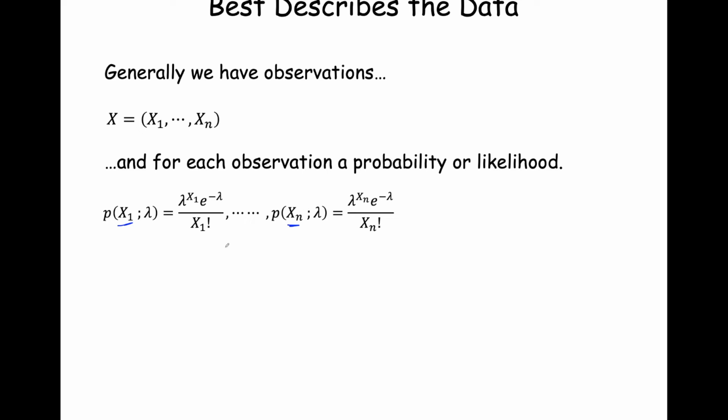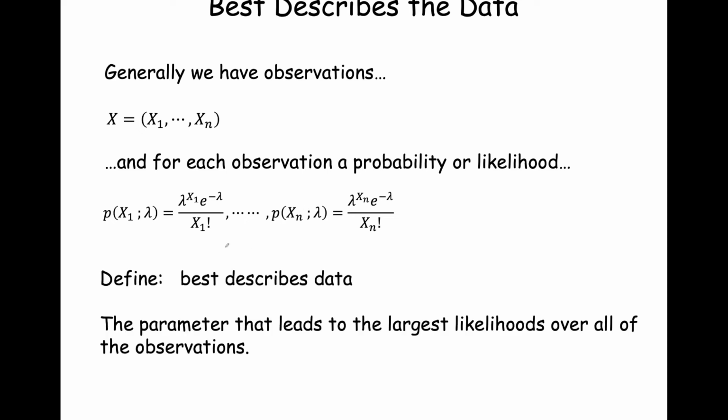So we do that, and then this idea about best describing the data describes the parameter lambda, because we have that single lambda here, that's the same lambda. We want to find the parameter lambda that leads to the largest likelihood evaluation of the mass function over every single observation we have.